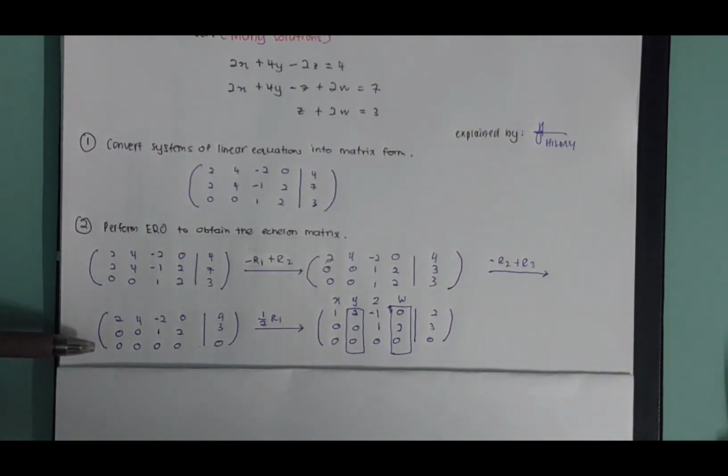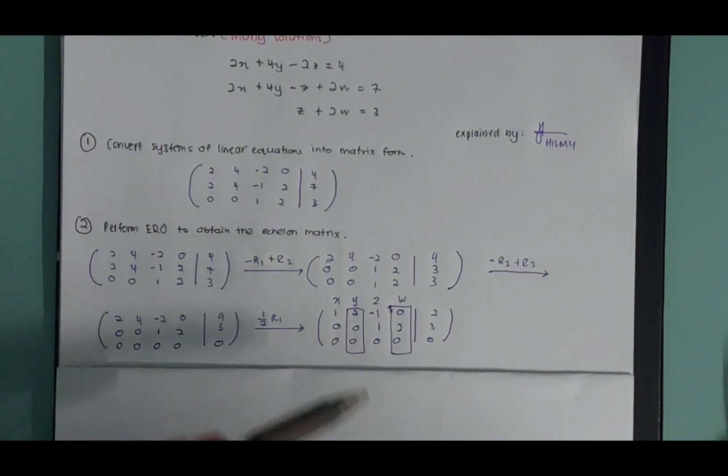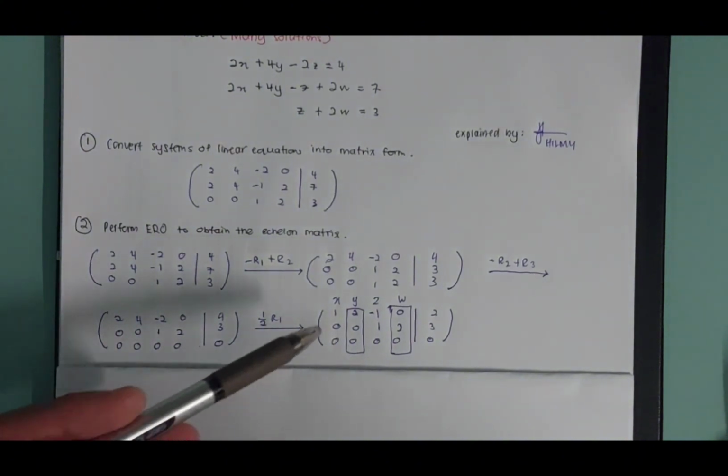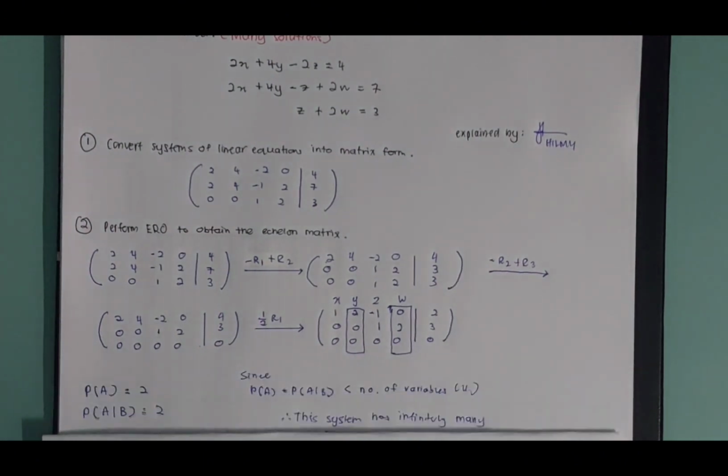all of the third row to be 0 here, but we have one more thing left to do, which is to get the leading one for the first row. In order to achieve that, I multiply the first row by 1 over 2, and hence I have finally achieved the echelon matrix here. Once I have reached this, I can know the rank of the matrix for both A and AB.